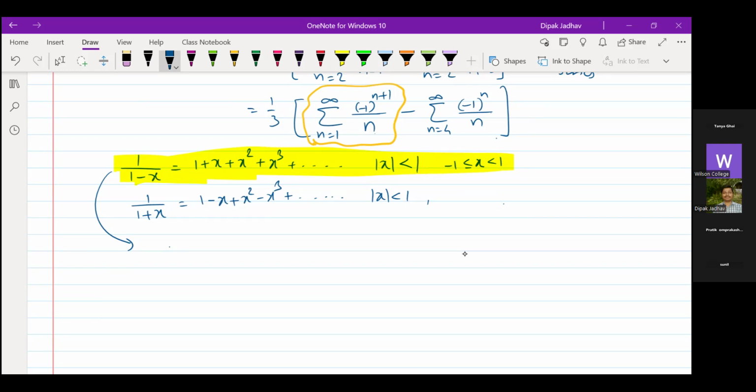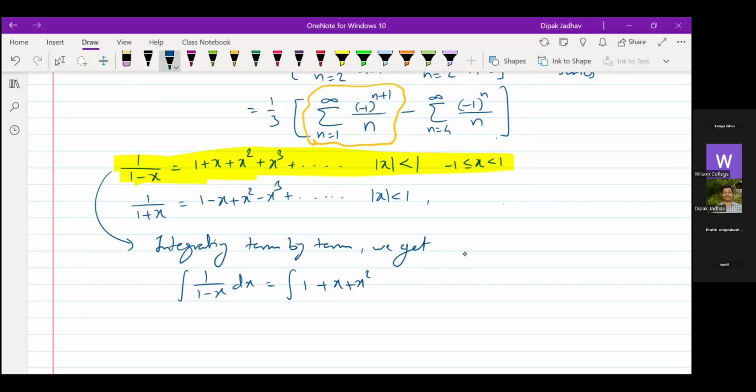But the further results in power series say within the interval of convergence, you can differentiate your series as many times as you want. Within the interval of convergence, you can integrate your series as many times as you want. So if I integrate term by term, we get the integral on the left hand side, 1 upon 1 minus x dx, and the integral on the right hand side, 1 plus x plus x square and so on dx.